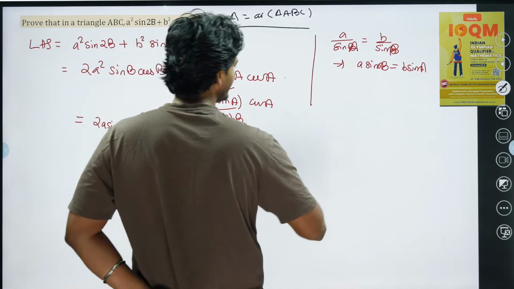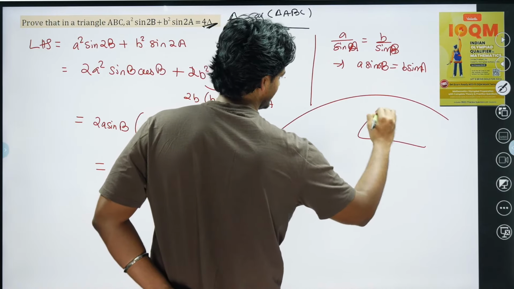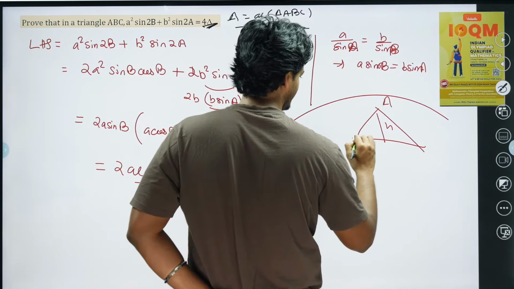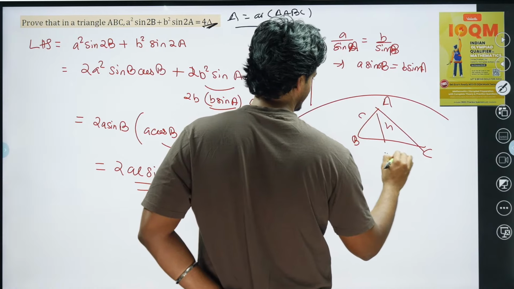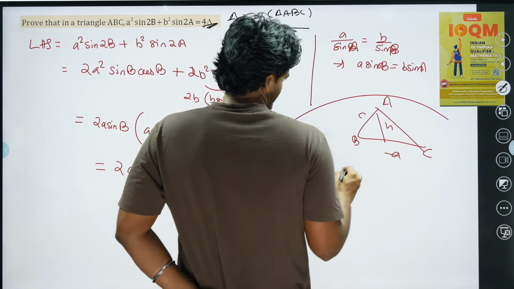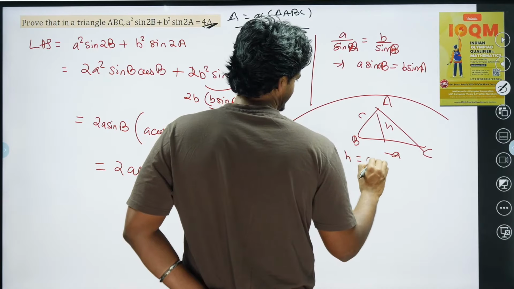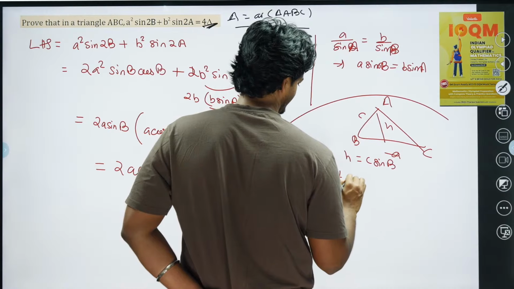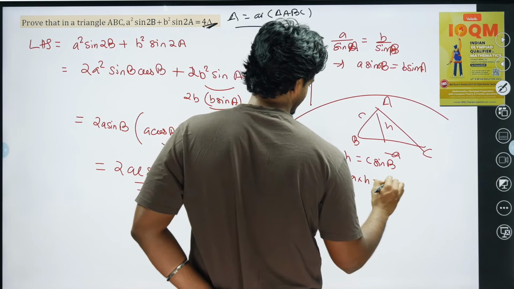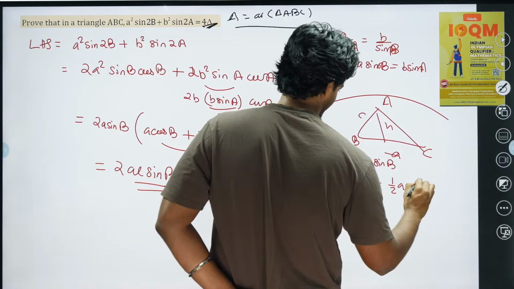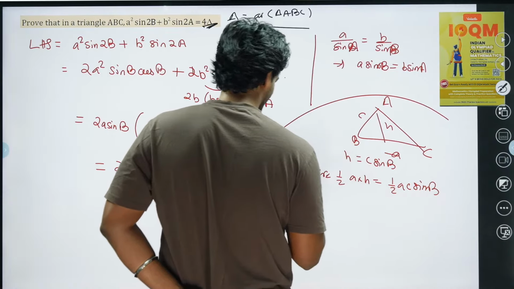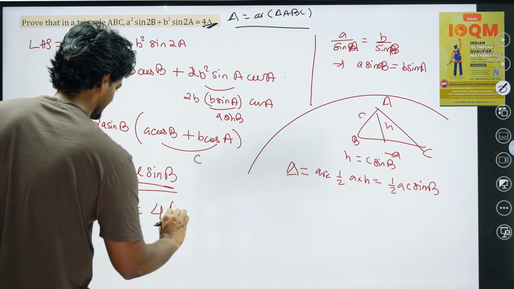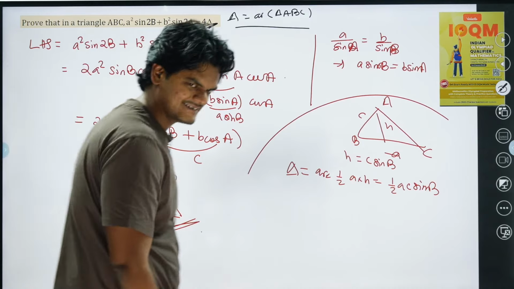We know that in a triangle ABC, the height H is equal to c sine B. So area is equal to half into base into height, a into H, which happens to be half ac sine B. So this is the triangle area, and this is 4 times the triangle.